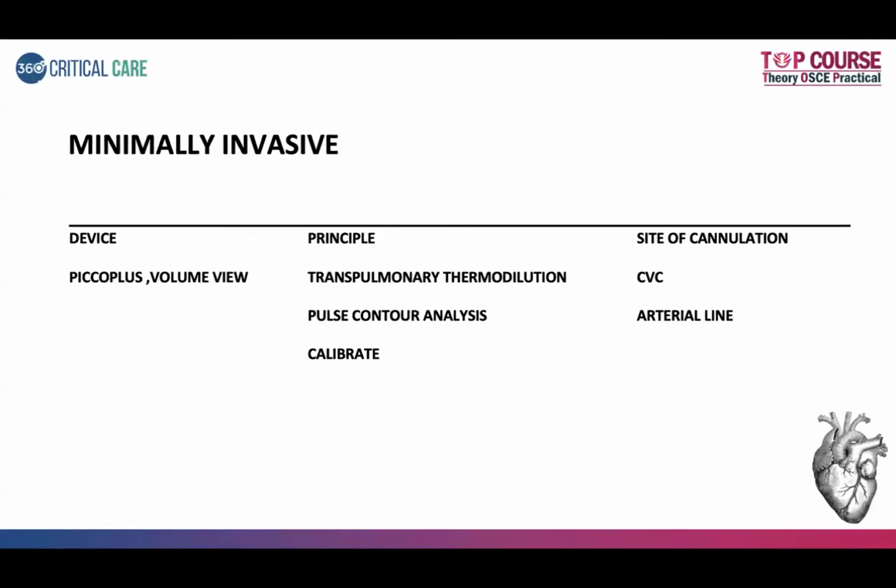Meaning, the first time it will measure a cardiac output, right? So it will take that first value as the reference cardiac output value. So it will keep on sending a loop feedback telling that this is the baseline value, you have to bring it back to this value. And then whenever you are increasing the noradrenaline, whenever you are giving a fluid bolus, whenever you are adjusting the device, at that time you have to manually calibrate the device to the baseline value.